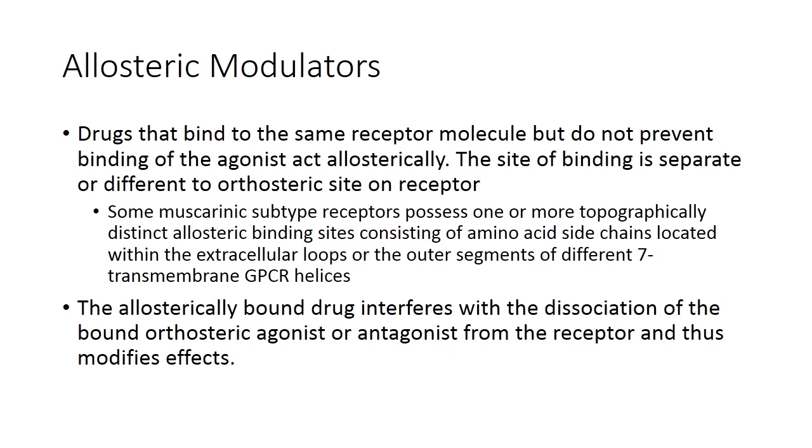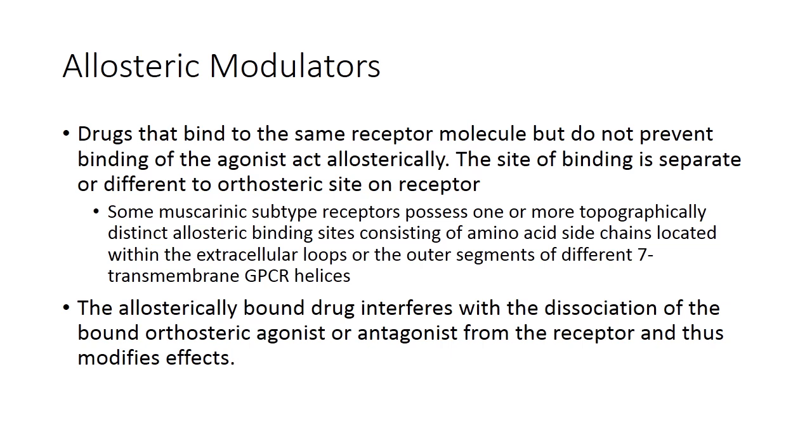We call them allosteric binding sites, which consist of amino acid side chains located within the extracellular loops or the outer segment of the different 7 transmembrane G-protein coupled helices. And these are the sites we call allosteric sites.